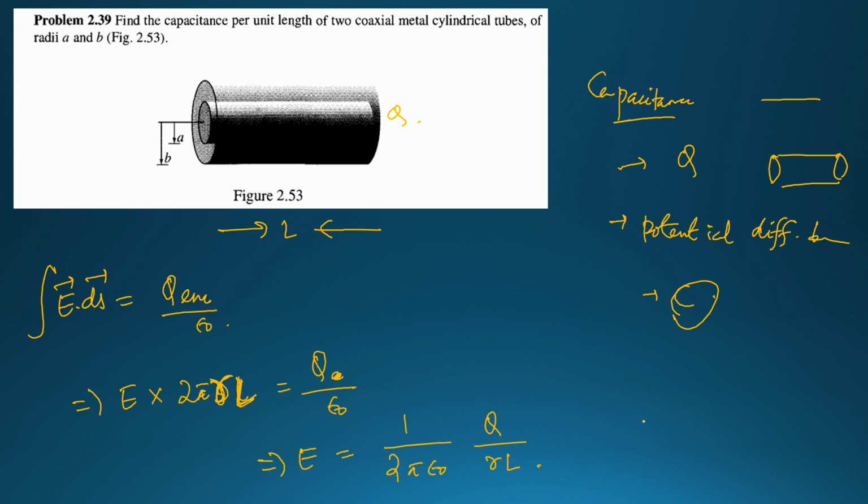How to calculate the potential? Potential is simply minus the integral from A to B of E dot dl.